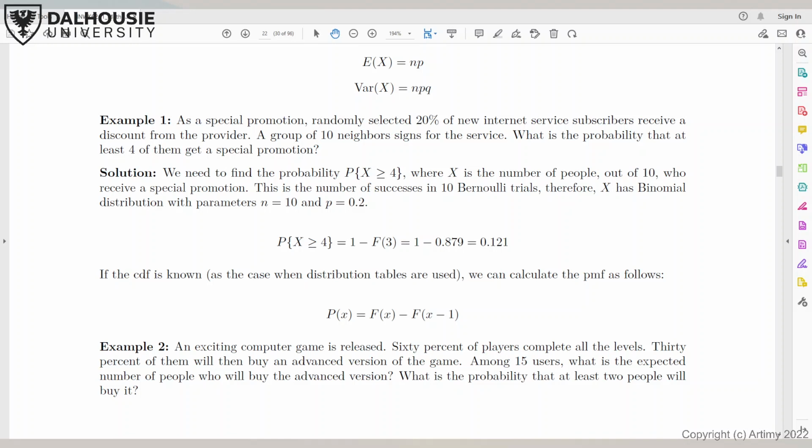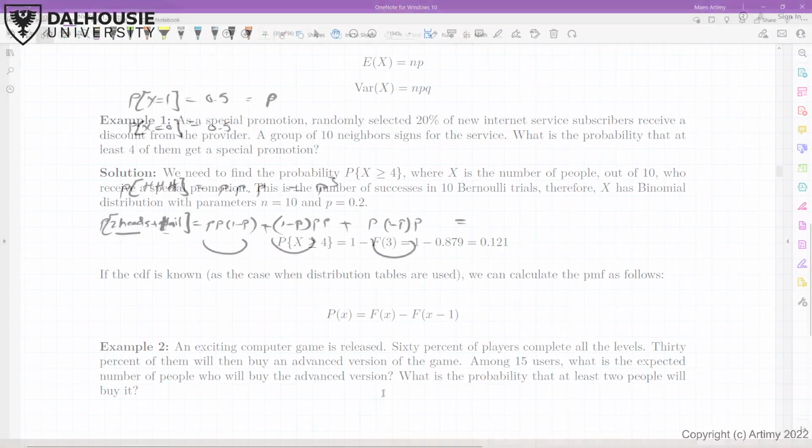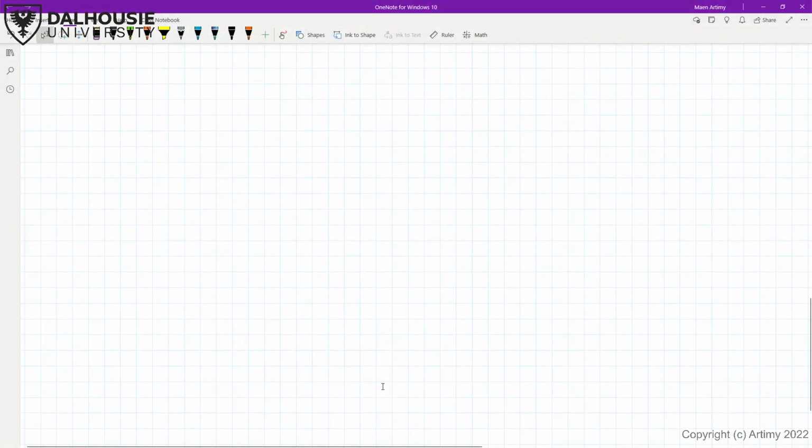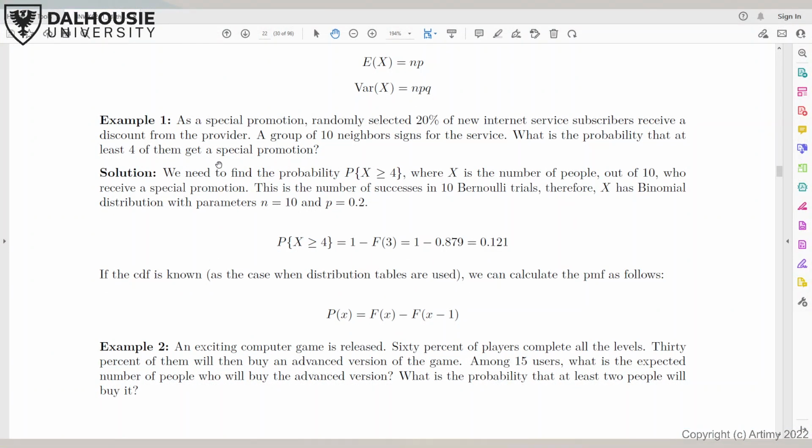When you look at these examples, and some students find the interpretation hard, you just look for the parameters. Here we are looking for the probability that at least 4 of them get a special promotion.